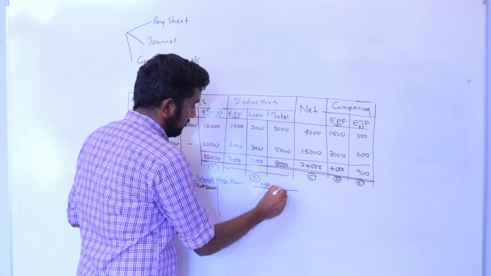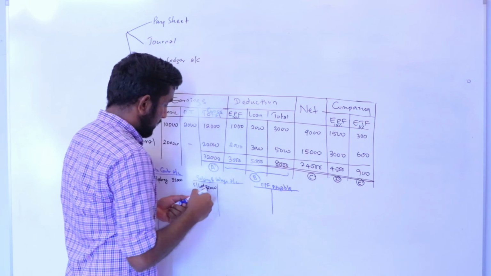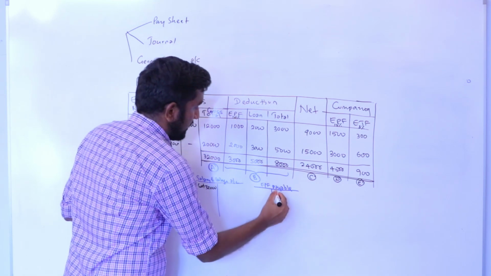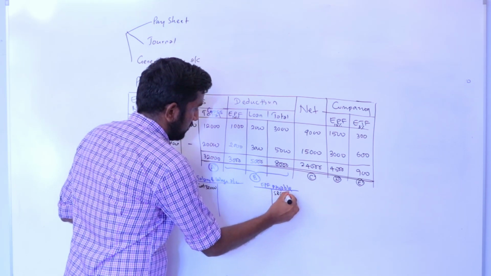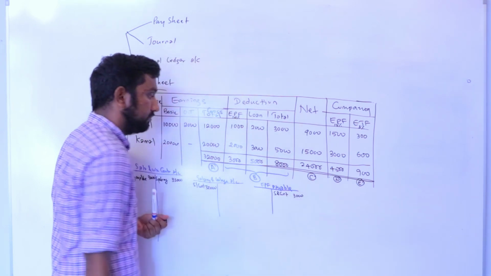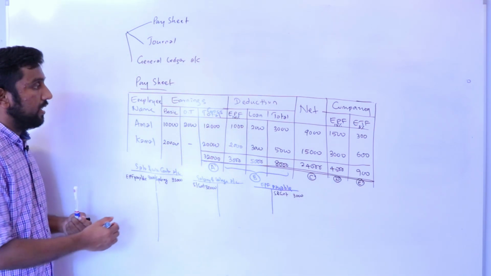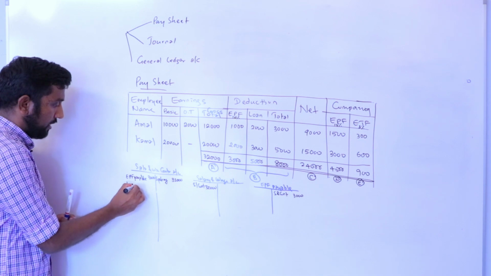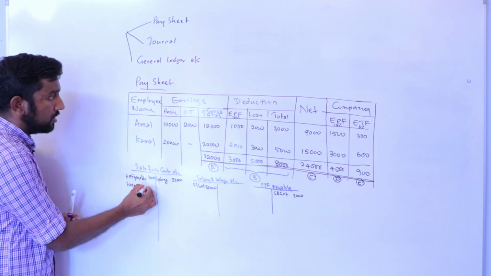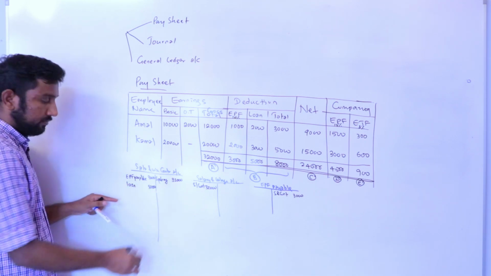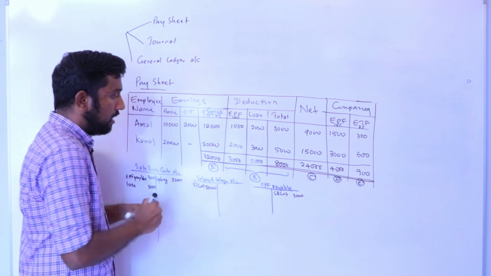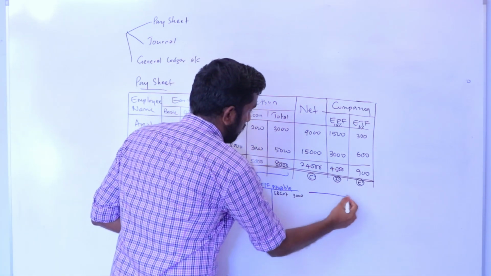So on the credit side, I'll write salary control, 3,000, right? Then I am deducting loan, so I'll write loan here. Loan how much? 5,000. And I prepare the loan account, so I'll write employee loan.